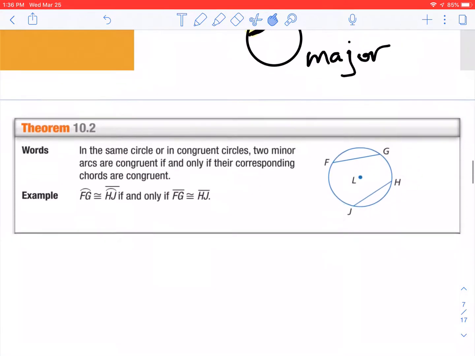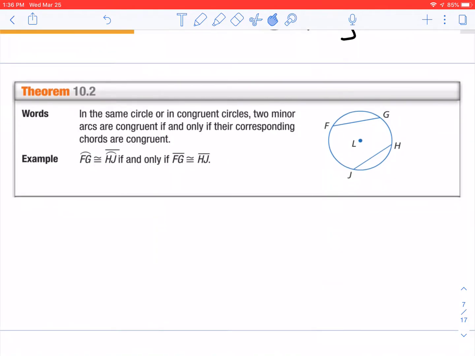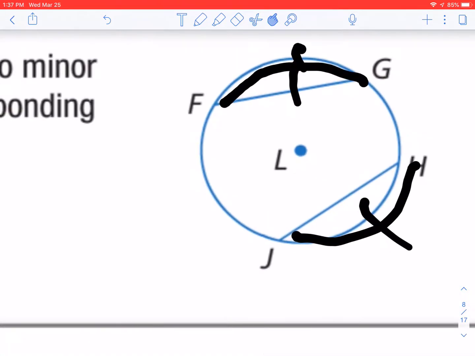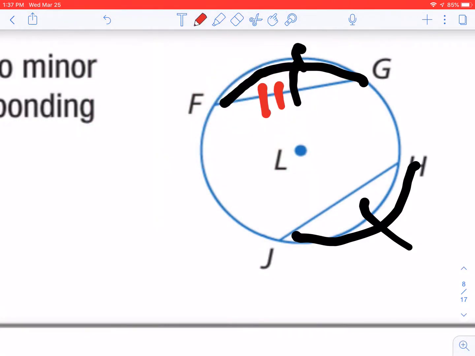All right. So here's our only thing we're learning today. It says that arc FG and arc JH are congruent if, and only if, chords FG and JH are congruent.